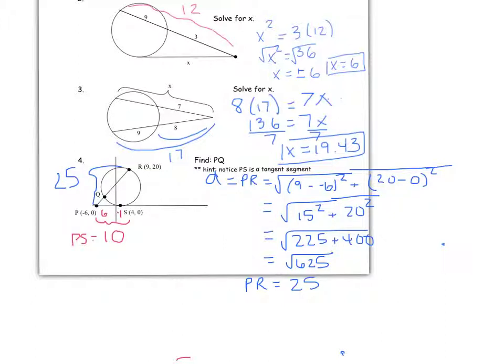We would like to find PQ, so for that we're going to use our new tangent-secant power theorem, and the equation we're going to set up is going to be the tangent part squared, so 10 squared equals the outside part, which is x, times the whole thing, which we just found to be 25. So 100 equals 25x. We'll divide by 25, and we'll figure out that that outside part, PQ, equals 4.